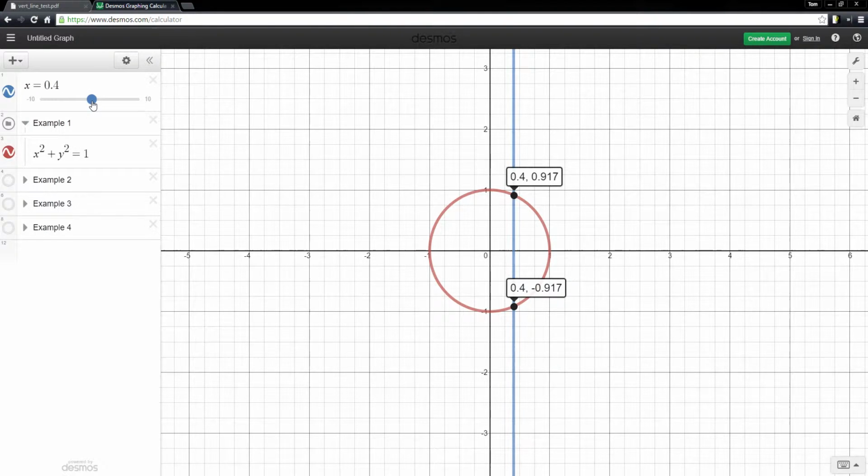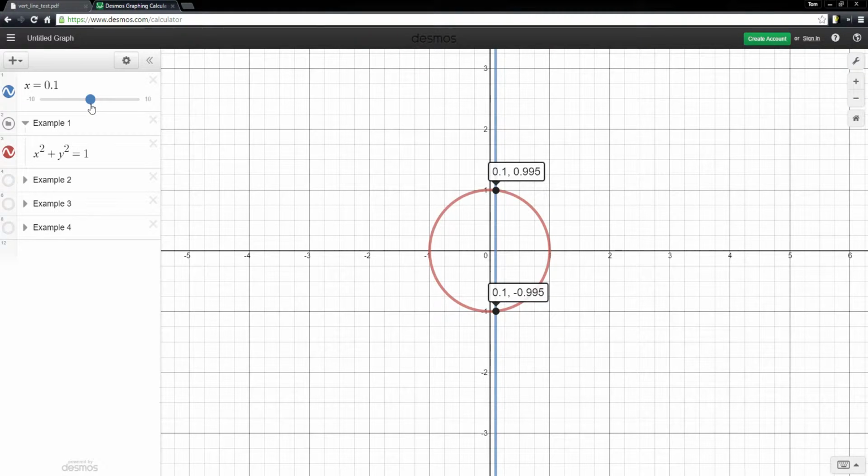And in particular, remember in the previous video we tried the point 0, right here. When we plugged in 0 into this and solved, we got 2 solutions: y equals 1, which is the y point of this intersection point, and over here, y equals -1, which is the y point of this intersection point. So if you plug in a value and you solve and you get multiple solutions for y, what that will mean is that any vertical line will intersect that graph in those points determined by the x value that you plugged in and the y values that you got out.